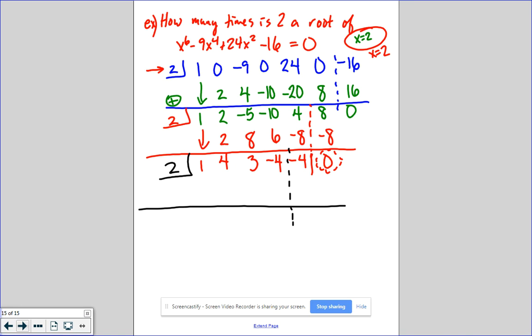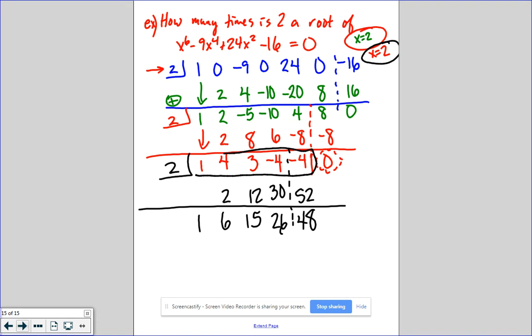So if I do it again, 1, 2, 6, 12, 15, 30, 26, 52, and I get 48 as a remainder. So the question asks, how many times does it work? The answer is 2, which means we still have a 4th power polynomial.